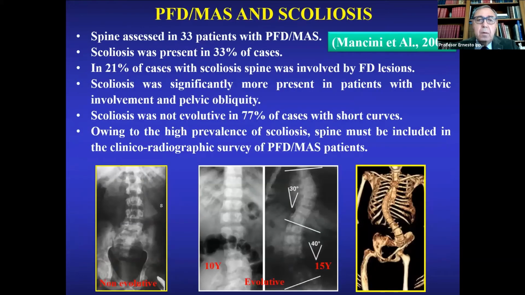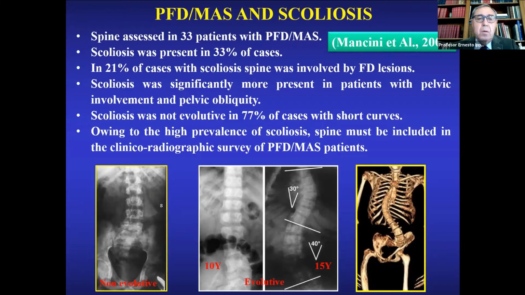In a cohort of patients with polyostotic fibrous dysplasia, McCune-Albright syndrome, published by us, scoliosis was present in 33% of cases. In 21% of cases with scoliosis, spine was involved by FD lesions.